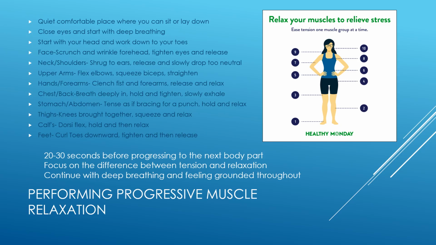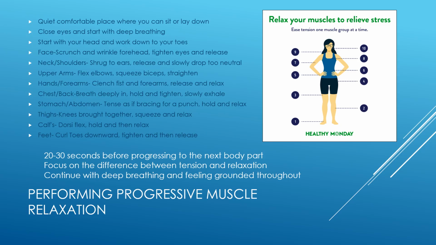Stomach and abdomen: you can tense as if you're bracing for a punch, hold, and relax. For your upper legs or thighs, you can bring your knees together, squeeze them while flexing, and then release and relax.